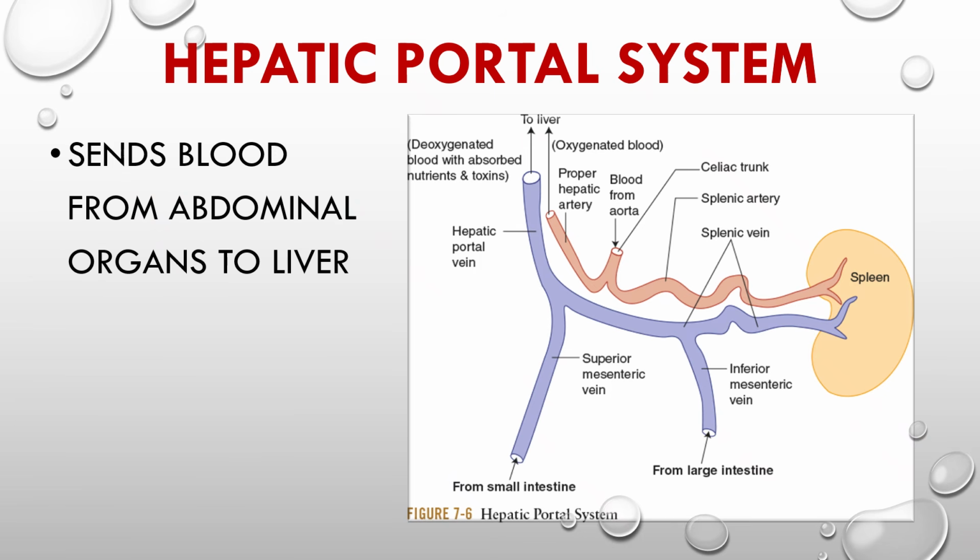Here with metabolism is what's called the hepatic portal system. And this is really only a factor with oral medications. What's going to happen is whenever an oral medication comes into the GI system, so in the gut, we have our small intestine, we also have the large intestine here. This hepatic, meaning liver, portal, talking about the circulatory system, actually sends blood from the abdominal organs to the liver.